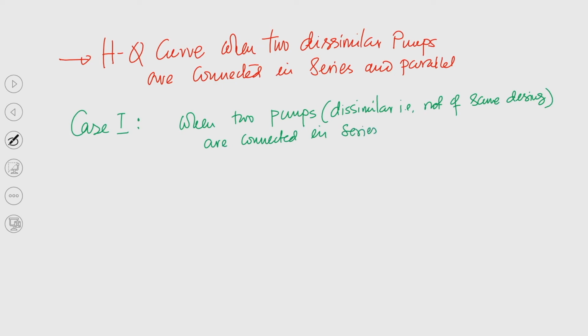This is a very interesting point that we should now consider. Again, to sort out any confusion, dissimilar does not mean that one is radial flow and the other is axial flow or mixed flow. Basically, they are not of the same design.